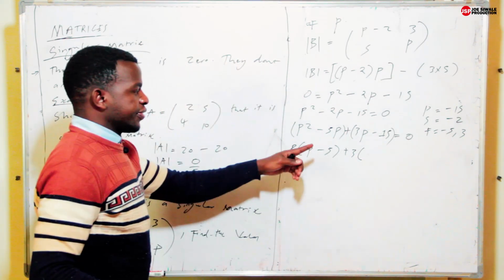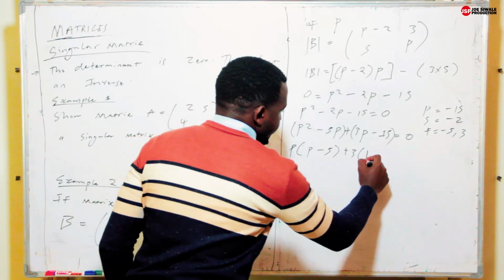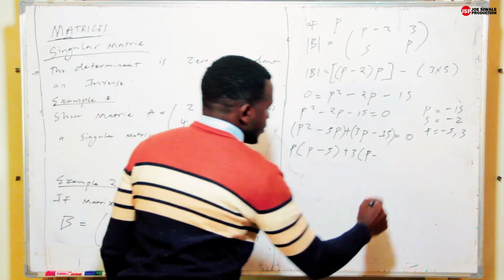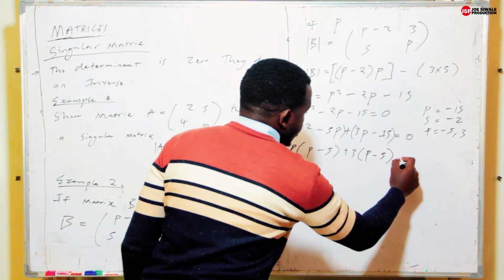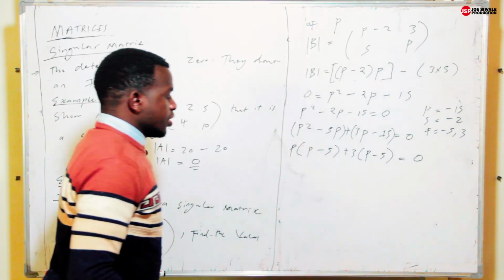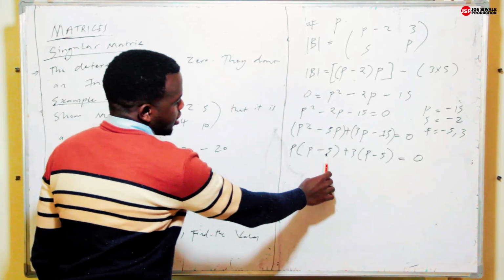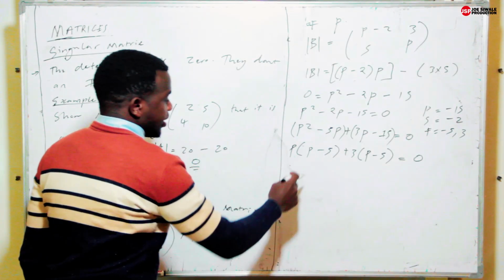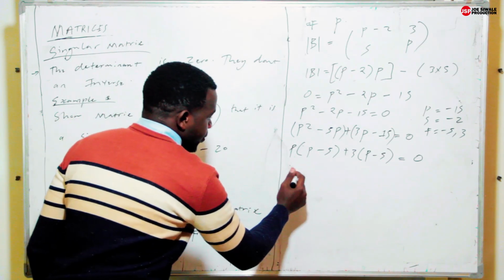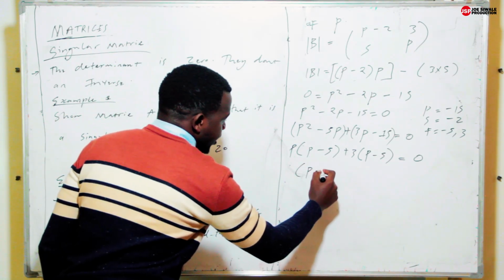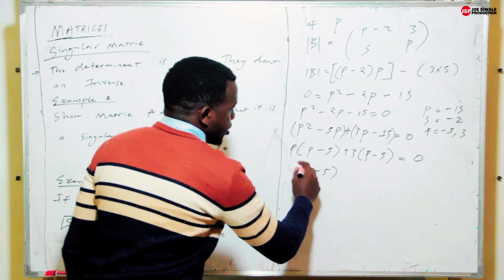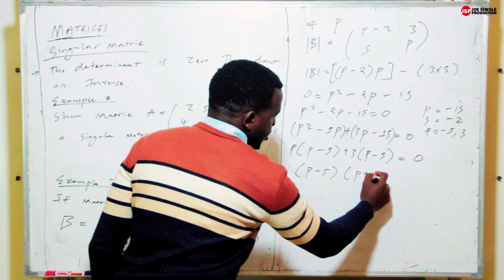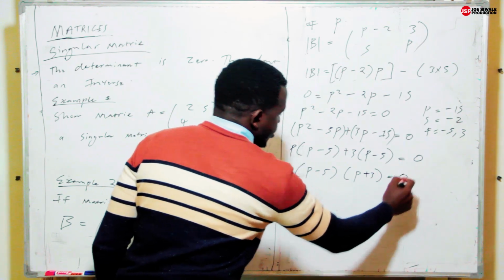So 3 into 3P, we're going to have P, minus 3 into 15, we're going to have 5, is equal to 0. So as you can see here, these variables are the same that are in the brackets, so we can say P minus 5, then P plus 3 is equal to 0.